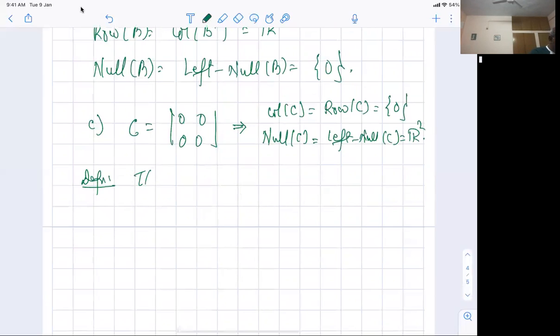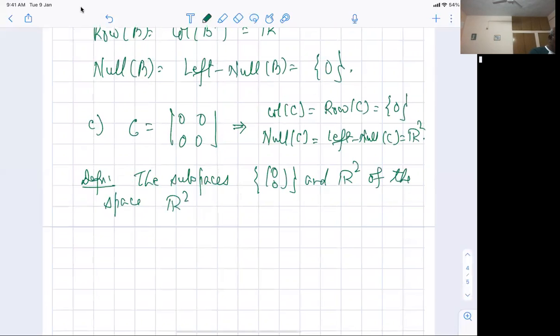Important definition. The subspaces R2 of the vector space R2 are called trivial subspaces. So what are trivial subspaces?